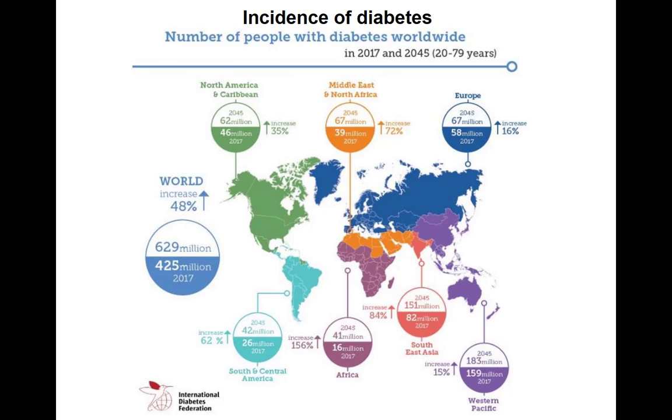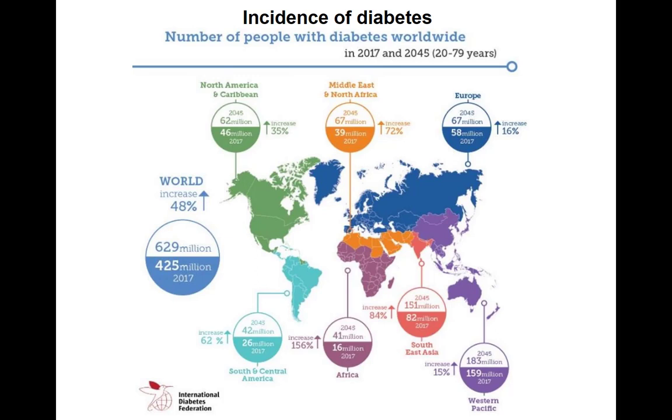And in this slide, you can see a kind of a chart of the current and future situation with diabetes. You can see that it affects a significant number of people around the world. But furthermore, the projections worldwide are that diabetes will continue to be on the rise. And you can see in some parts of the world, there's a very large increase predicted in the incidence of the disease over the next 20 years.